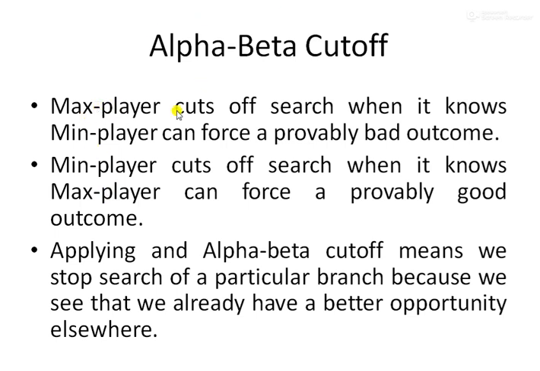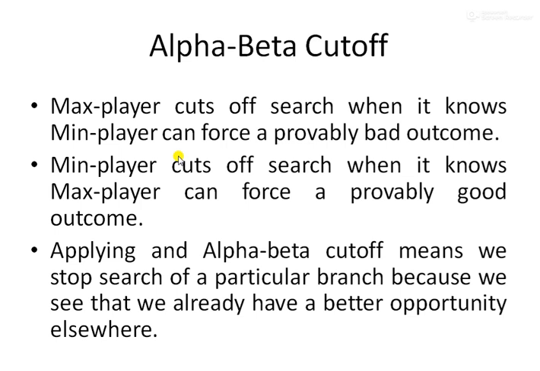That means max will cut his moves when he comes to know that after this move min is not going to give, or there will be no probable good outcomes, so it will cut down the tree. So applying alpha beta cutoff, we can reduce the computational cost by not exploring some of the branches of the tree, right?